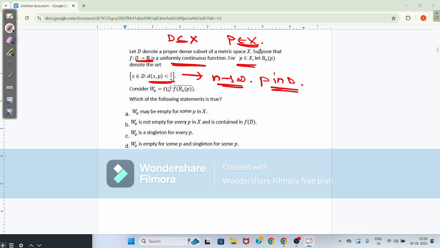Okay, now this implies that this is the intersection of neighborhoods of P under F. Okay, now it means when you apply the values here, it contains a value of P here.